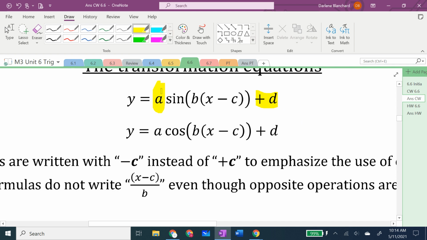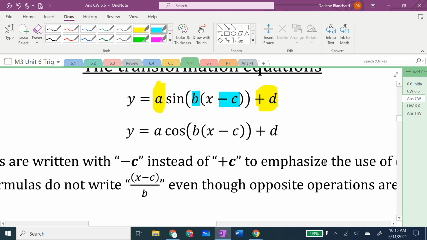You deal with multiplication before you deal with addition. But if the operation is with the x, be it multiplication or addition, you actually have to do the opposite operation that you see written down to the x's on your parent graph. And always do the multiplication division first, and then do the addition subtraction after.